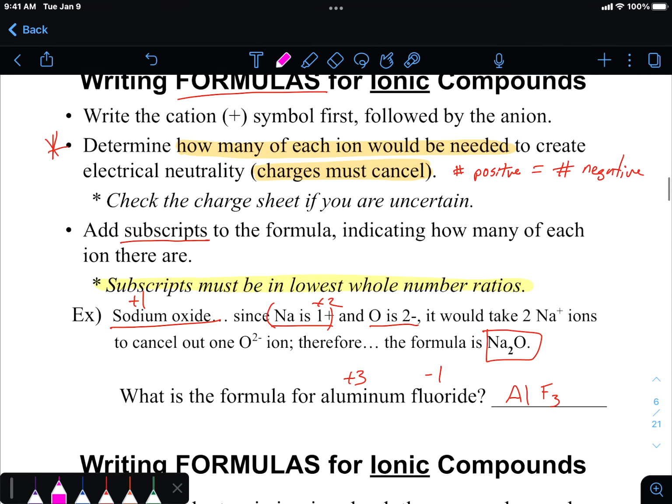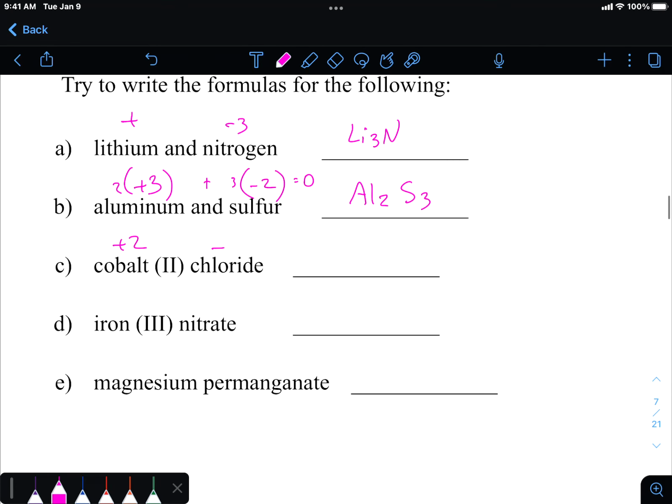So it would be CoCl2. Nitrate. What's nitrate? Yeah, Casper. For C, would you have to include the charge on cobalt? In formulas we don't write the charges. We just have to make sure that they are neutral.